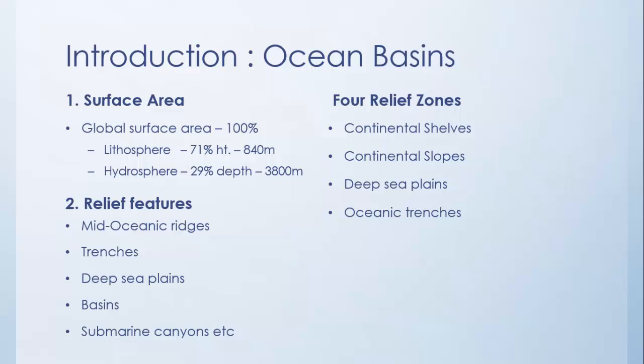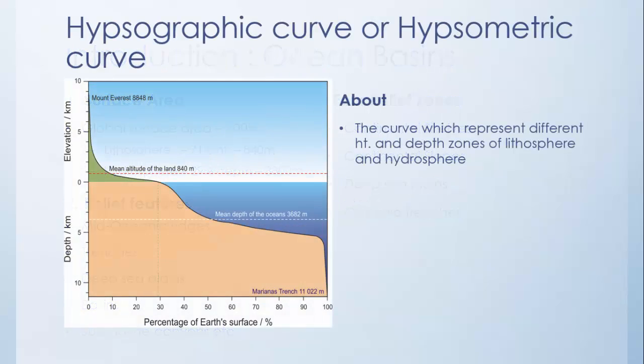First, we are going to see about the continental shelves. Before that, first we are going to see what actually it represents. Continental shelves are nothing but the area which I am showing with the mouse pointer.